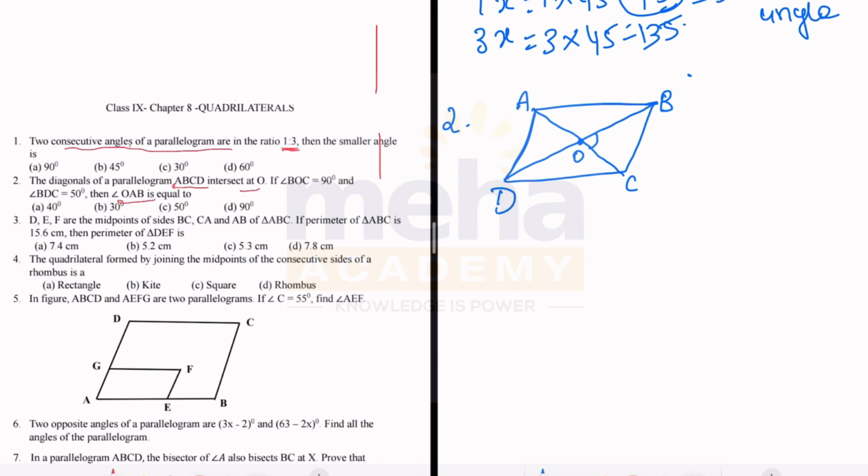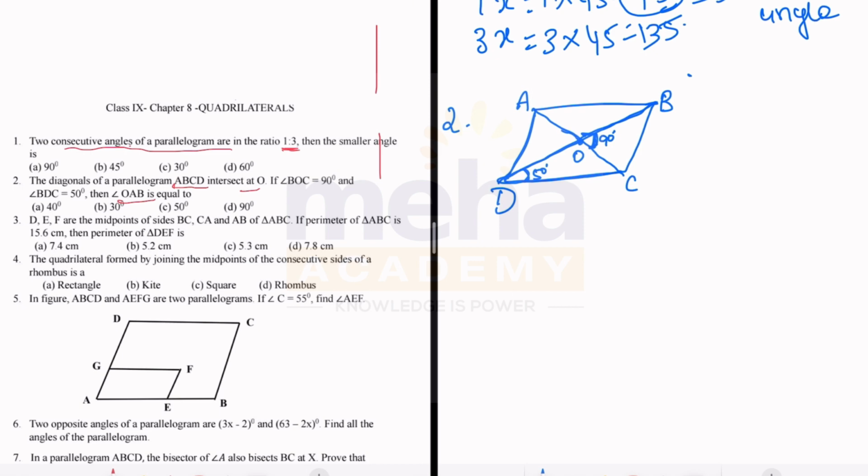So BOC is here. This angle is 90. And BDC is 50. So BDC is this angle, 50 degree. And we have to find angle OAB.